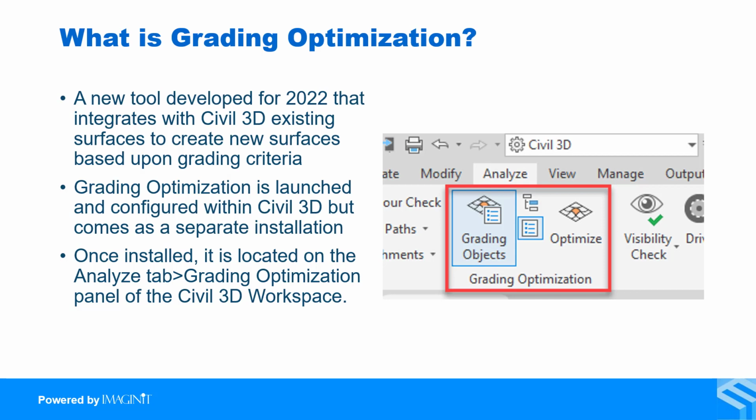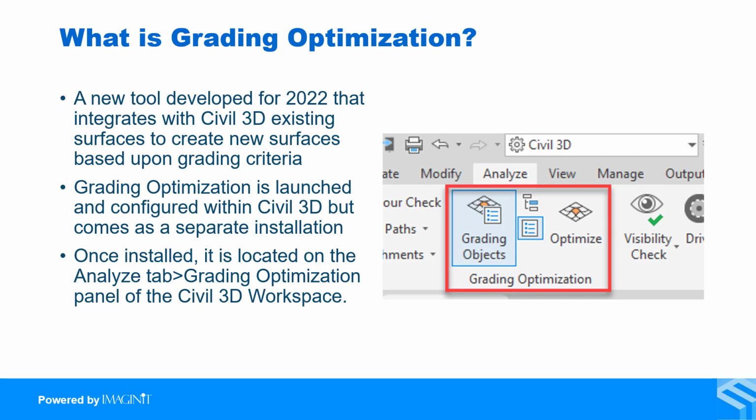It comes with its own executable that is launched through the Civil 3D toolbar. So as you can see, if I go to the Analyze tab on the Civil 3D workspace, there should be a new panel called Grading Optimization. Grading Optimization might not show up by default because it needs to be installed separately.